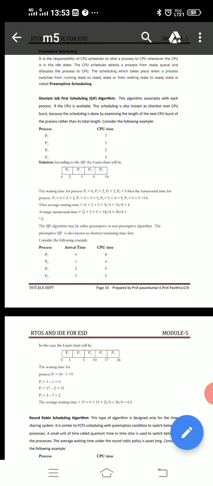In order to calculate the average waiting time, we need to take all the values. Those are 0, the waiting time for P1, 2, the waiting time for P2, 5, the waiting time for P3, and 9, the waiting time for P4.